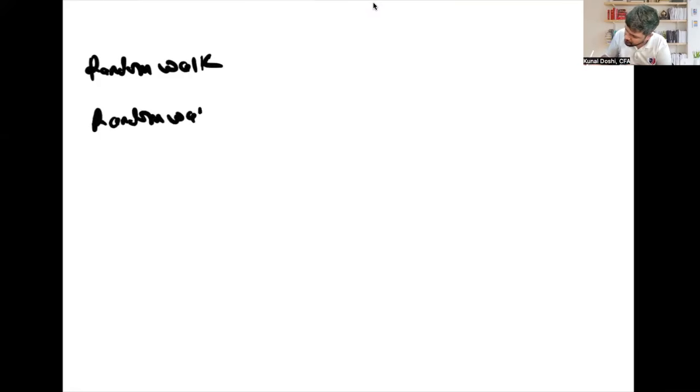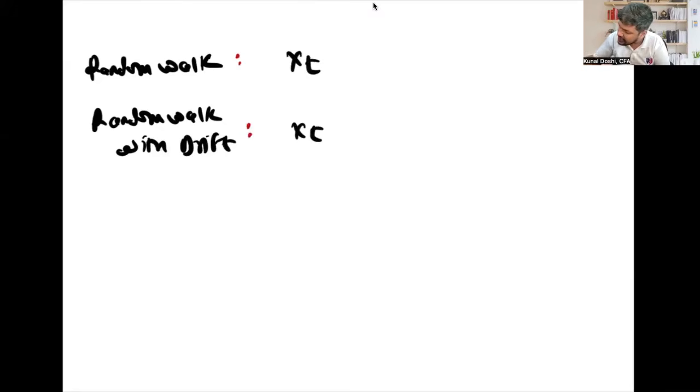So we will write down in our formula here, random walk. Everyone, you can also write down with me, random walk without drift, and then I will say random walk with drift. Okay, what is the equation? In both cases, when we say xt, everyone, here I will say xt is B0 plus B1 xt minus 1, correct?